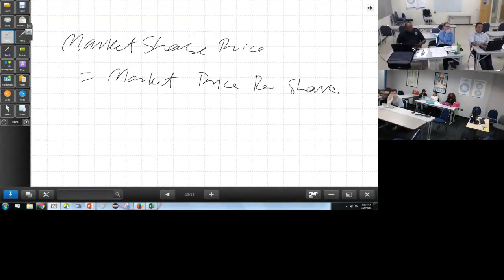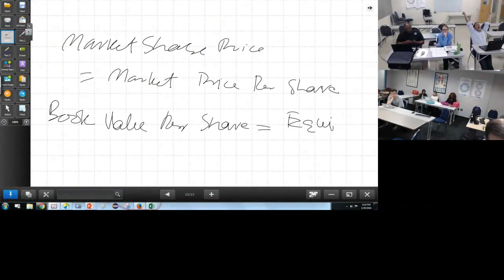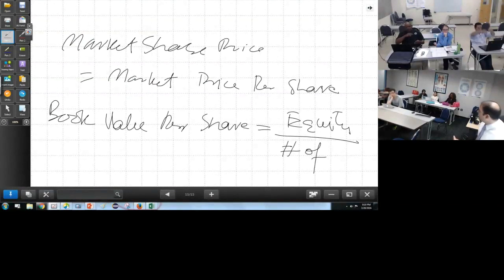That's the book value per share. You take the book value of the equity, in other words, the total equity, and divide it by the number of shares. So this total equity is taken from the balance sheet.